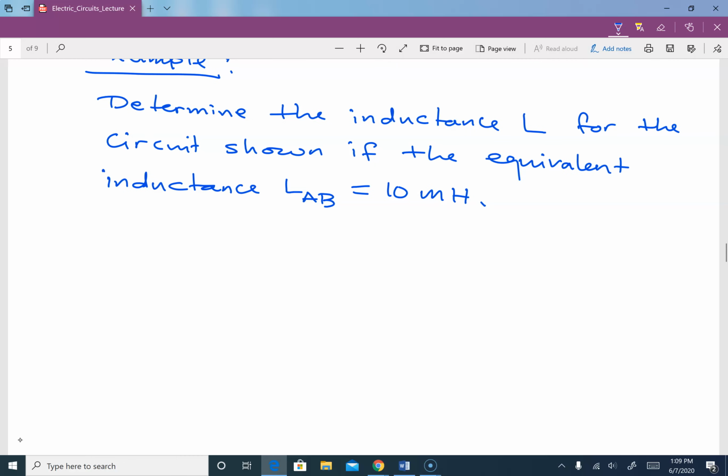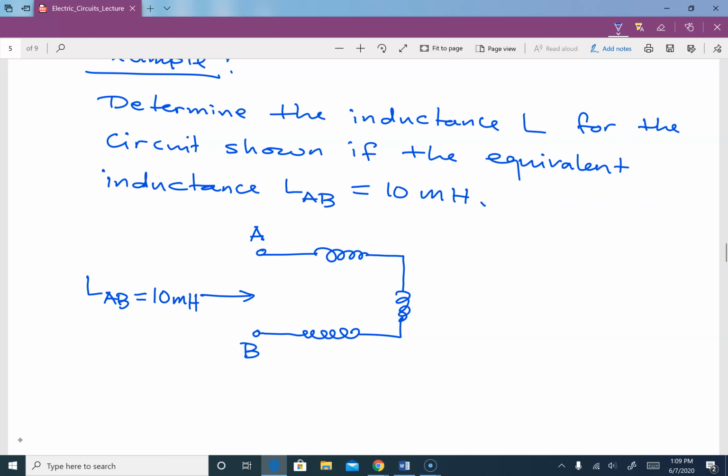And this is our circuit here. This is terminal A, this is terminal B, and this is our LAB, which is the equivalent, and that is 10 millihenry.